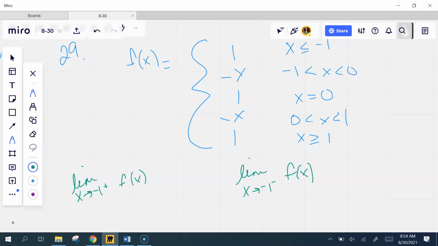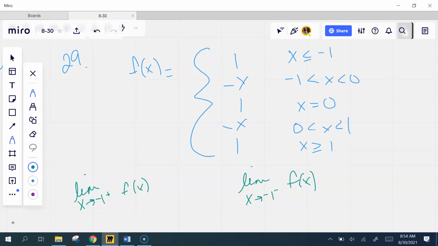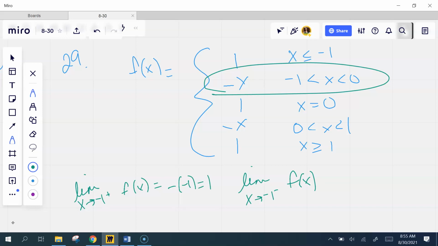So the first thing I need to do is figure out which equation applies. That's the hardest part about this. -1 from the right, greater than -1 from the right.